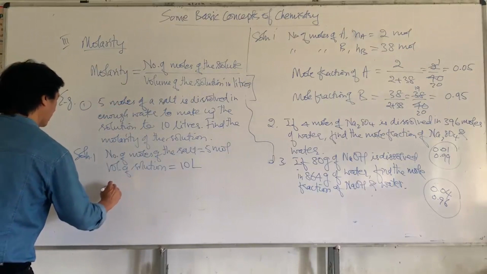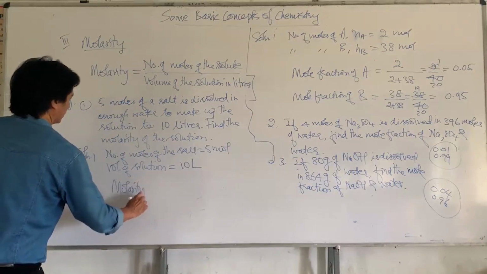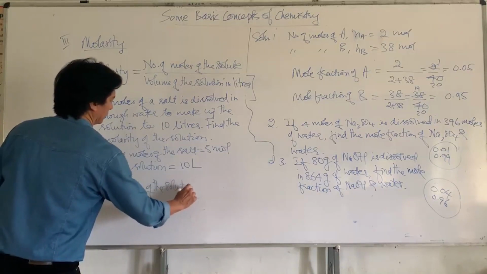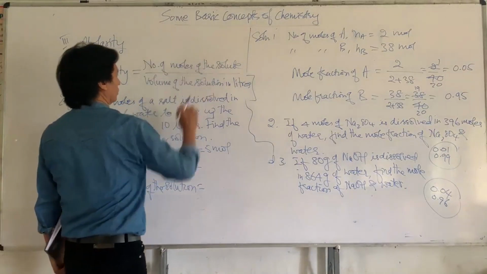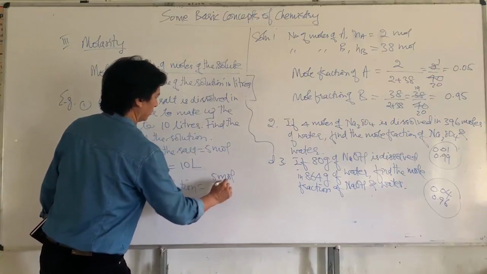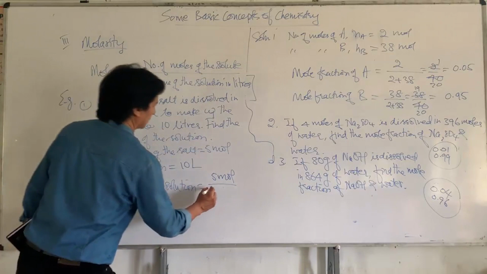Now we know that molarity of the solution is given by number of moles of a solute. Here it is 5 moles. You write 5 mol divided by volume of the solution directly 10 liters.